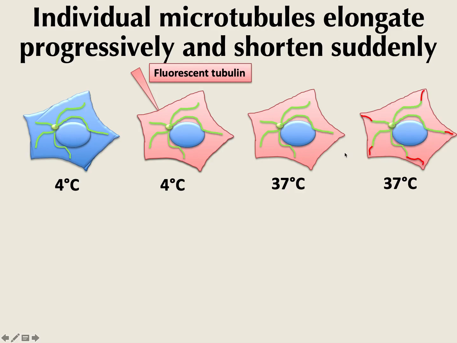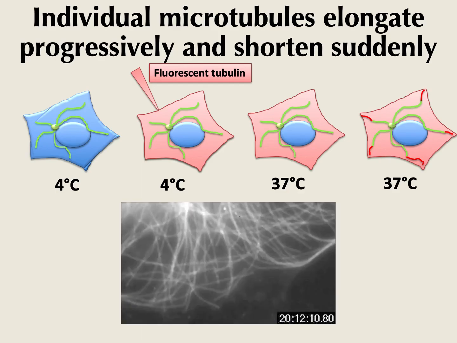Right, so unlike actin, if you did that with actin, you would see de novo filaments. Here, the newly synthesized microtubule is predominantly on pre-existing microtubules. Okay, and in movie form, this is how it looks.